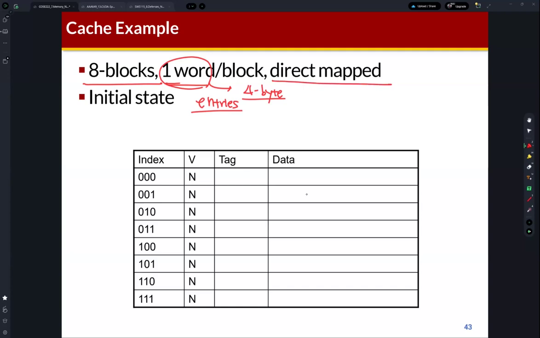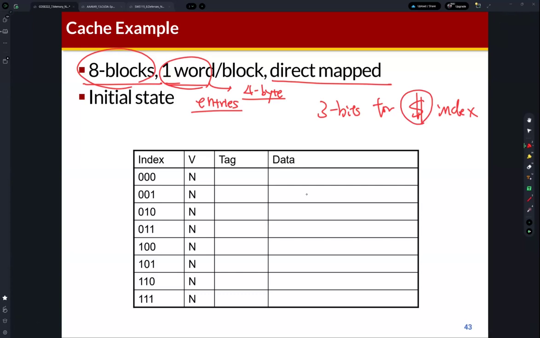Because this cache has 8 blocks, we need to use 3 bits for the cache index. You can find the dollar sign here.